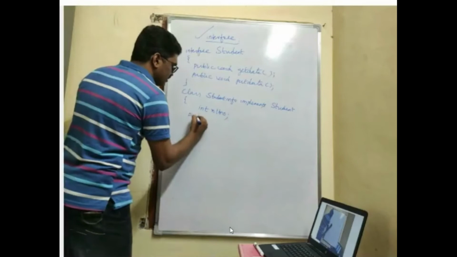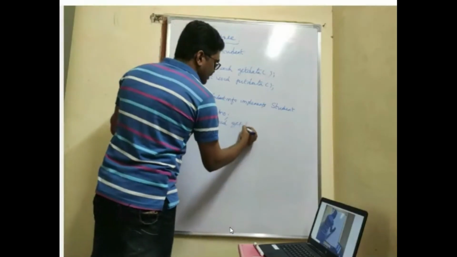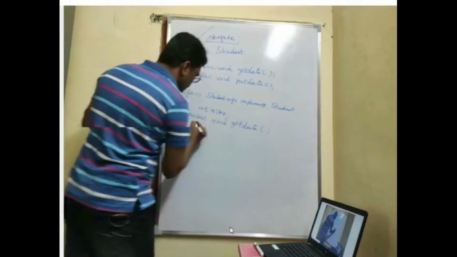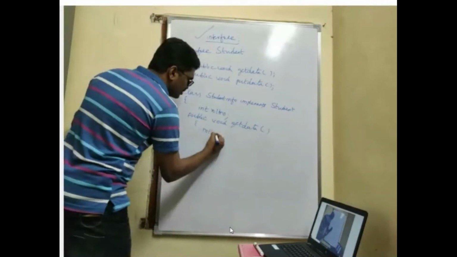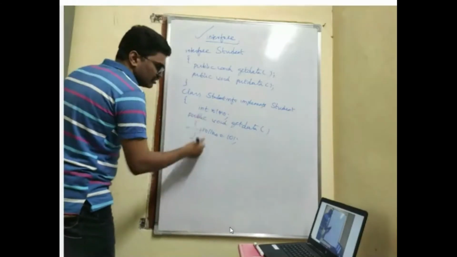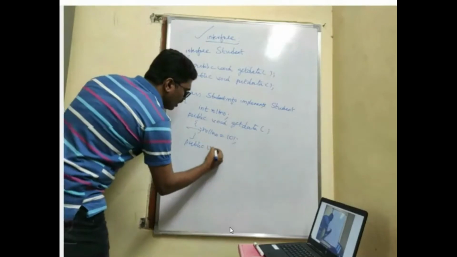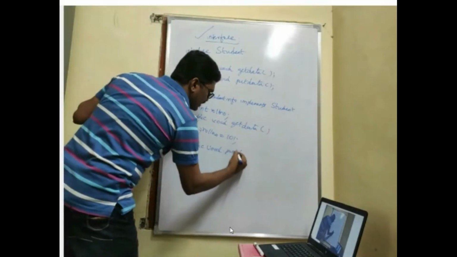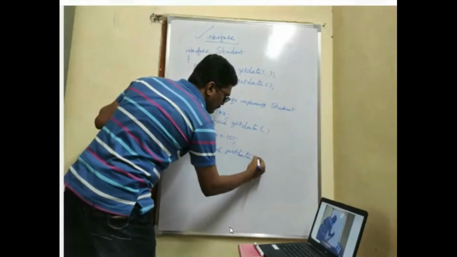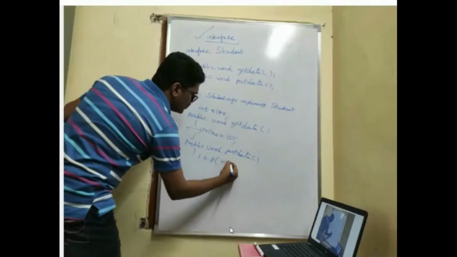I'll write the method public void get data, and initialize this roll number to something, or you can read it by using the scanner class. The code gets longer, and that's why I'm shortening it. Public void put data: System.out.println roll number.